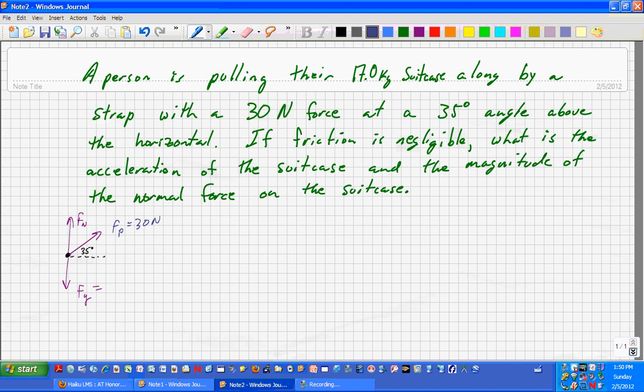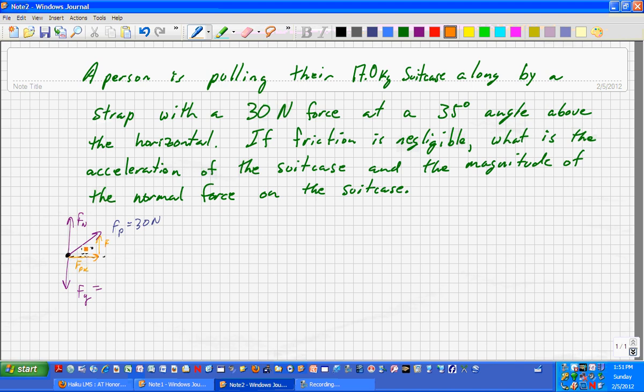Next step is to rotate if it's on a ramp. No ramp, so we don't have to rotate. So we skip right to breaking angled vectors into components. We've got one angled vector right here. So what we'll do is break that into the x direction and the y direction. Those two forces will take the place of the angled force.